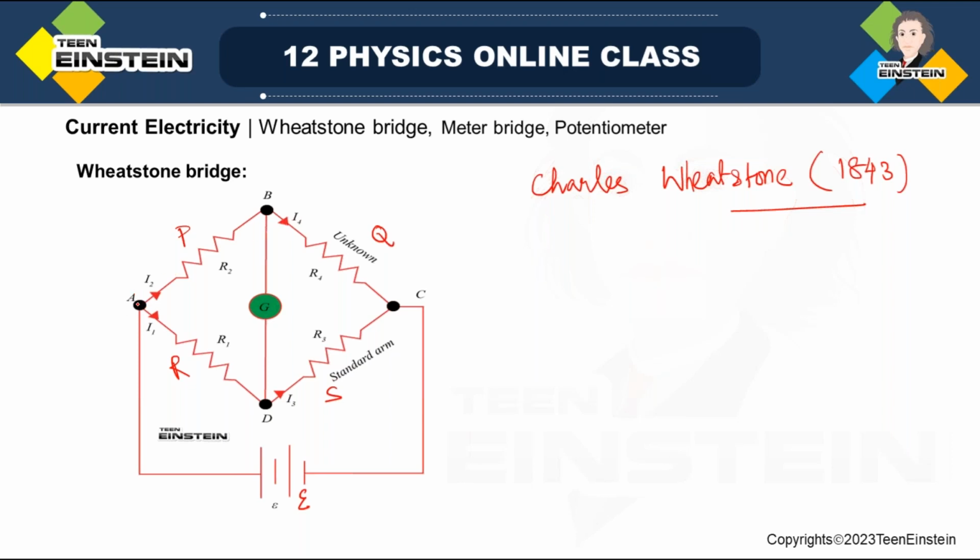So there are 4 junctions, you can see that. First, second, third, and fourth. So junction A, junction B, junction C, and junction D. Between B and D junctions, a galvanometer is connected. What is the use of galvanometer? Galvanometer actually determines the flow of current in a circuit.